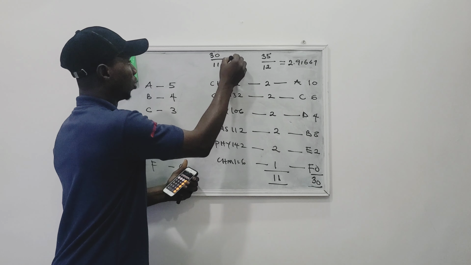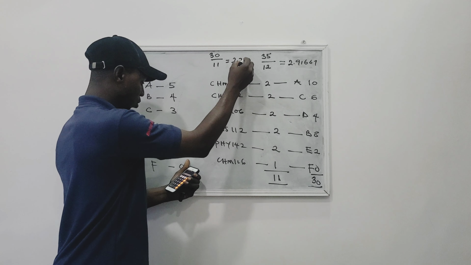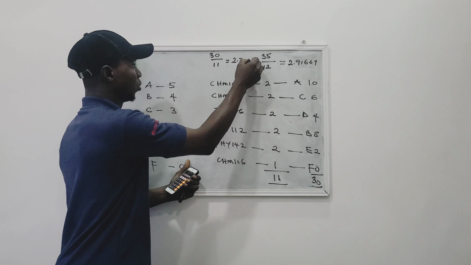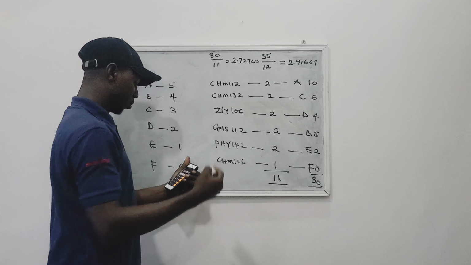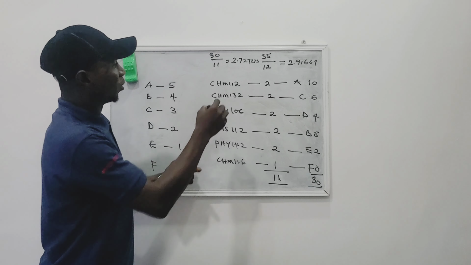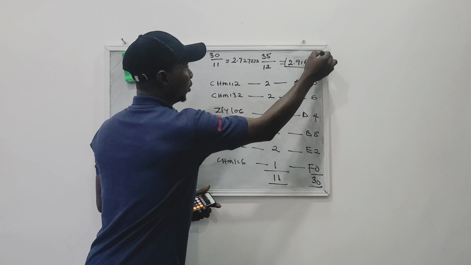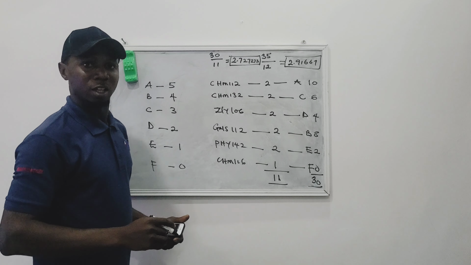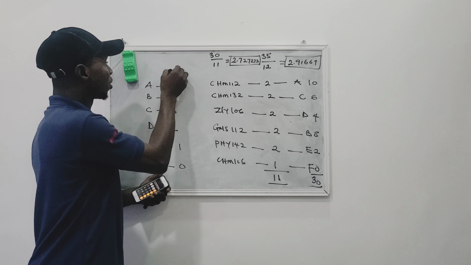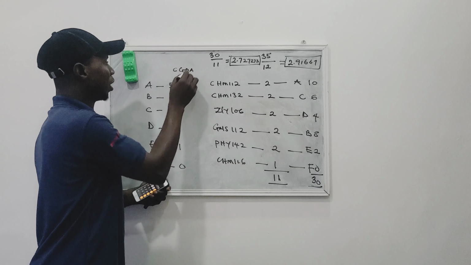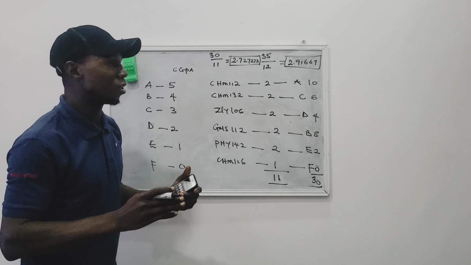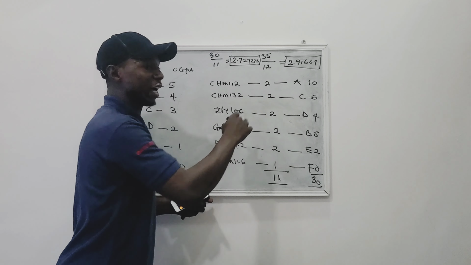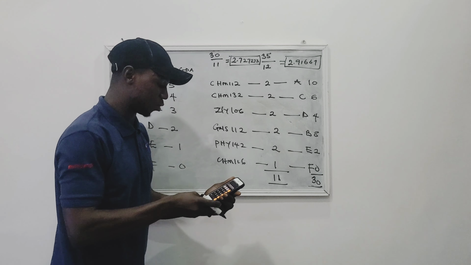This is giving us 2.727273. Now, this is for your first semester, your GP. This is for your second semester, your GP. So before it becomes CGPA, it means cumulative. Cumulative means we are going to add these two together and divide by 2. Now let's add together.